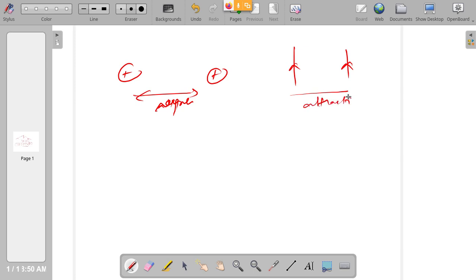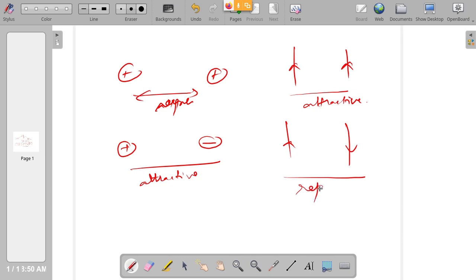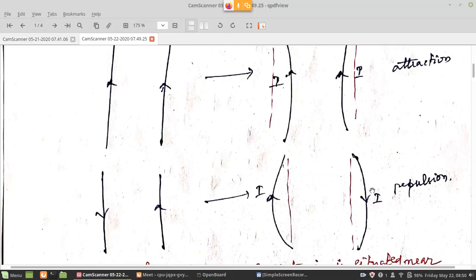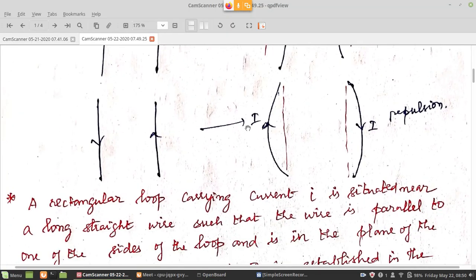This is the opposite of that. Here, opposite direction current, the force is repulsive. You have to remember this. Okay, right. So that is how currents behave.